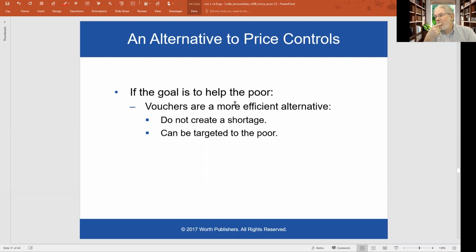You may have heard in regards to education, the government sometimes uses vouchers where, if you have a family that has low income, they want to send their children to a private school that's higher quality than the public school, then the government can give them a voucher.